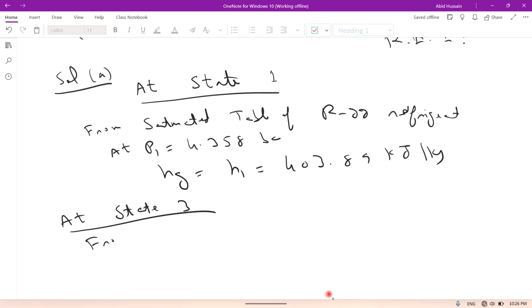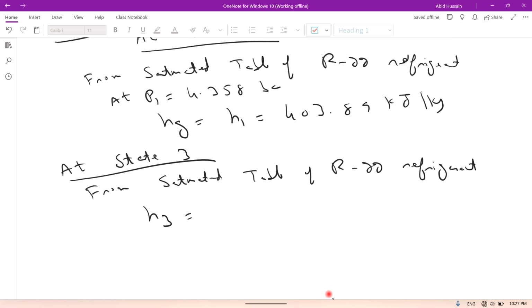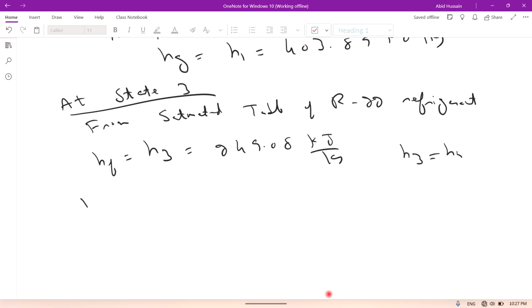And at state 3, from the saturated table of R22 refrigerant given at the end of the C P Arora book, H3 is equal to Hf is equal to 249.08 kilojoule per kilogram. And as we know that from 3 to 4 is an isenthalpic process, H3 will be equal to H4. So we can now find the refrigeration effect for A. Refrigeration effect is equal to H1 minus H4, or H1 minus H3.